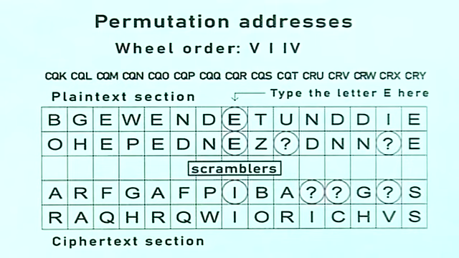At this permutation address, the scrambler converts the letter E to the letter I. At this point, there is also the letter I in the intercepted ciphertext section. It has now been determined that the letter I was not plugged on the Blackboard of the Enigma.